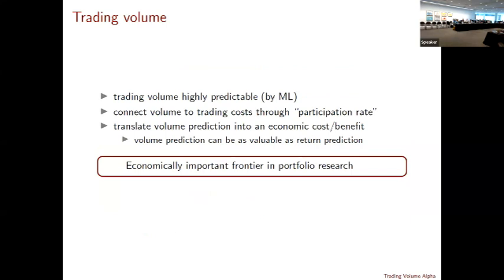I'm going to then connect it through some economics of the portfolio problem using this concept of participation rate, through a very, very simple trading cost model, and essentially translating the volume prediction problem into something we might care about economically. And we think this could be an interesting frontier for portfolio research, but really just the beginning of that. Okay, there's a lot more to do.